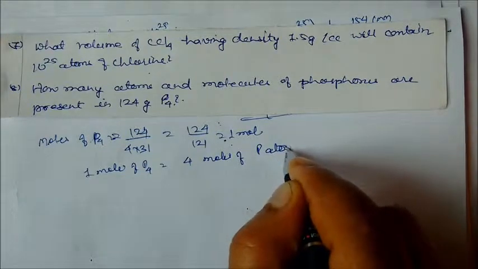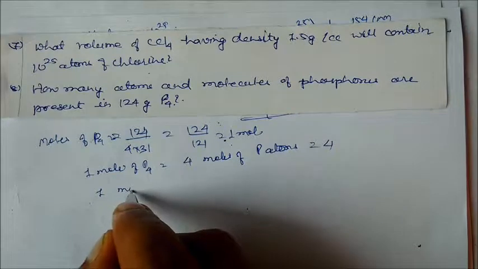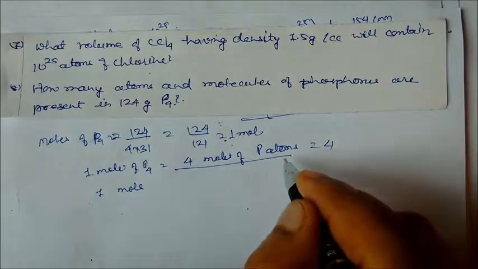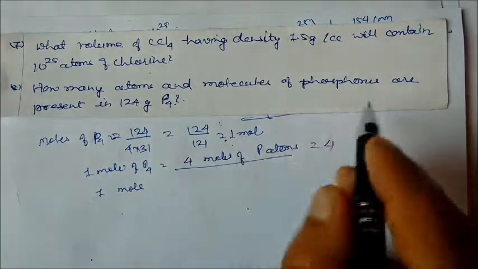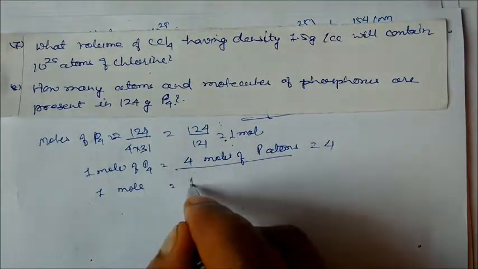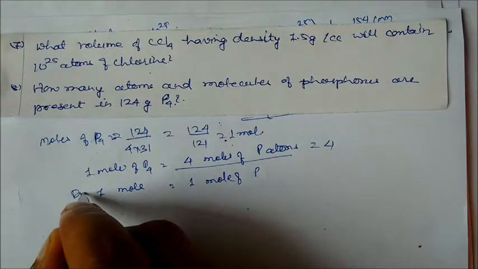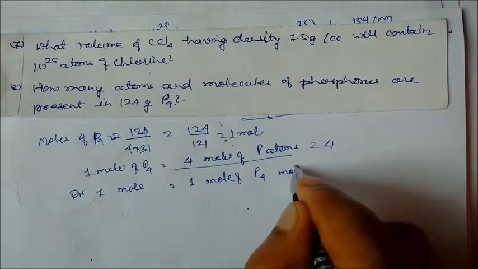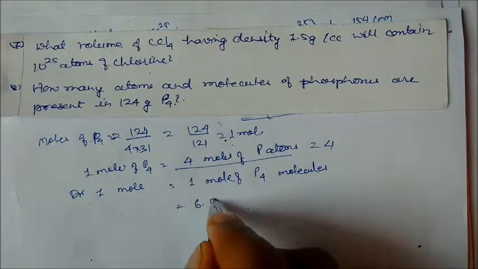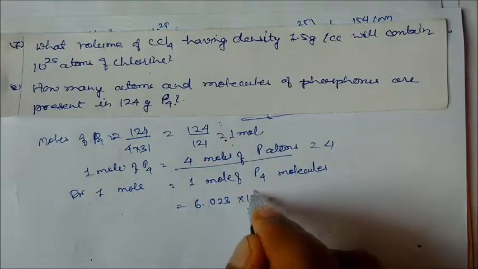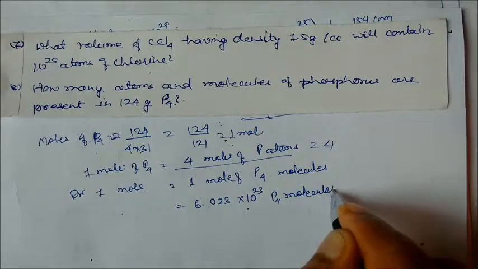Phosphorus atoms. So this is nothing but 4 moles of phosphorus atoms. And 1 mole of P4 will contain 1 mole of phosphorus molecules. Okay, so the total molecules will be 6.023 into 10 to the power 23 P4 molecules. So this is our answer.